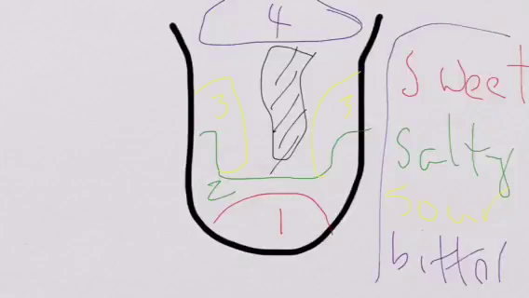Now, over time, we lose taste buds. This is one of the reasons that kids don't like bitter tasting food when they're younger, but are able to take it when they're a little bit older, as young adults or adults, because they have less taste buds. The food is not as overpowering.